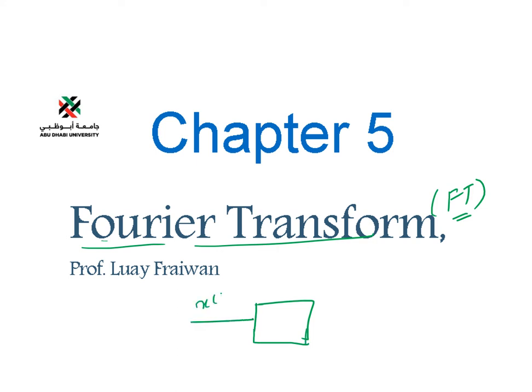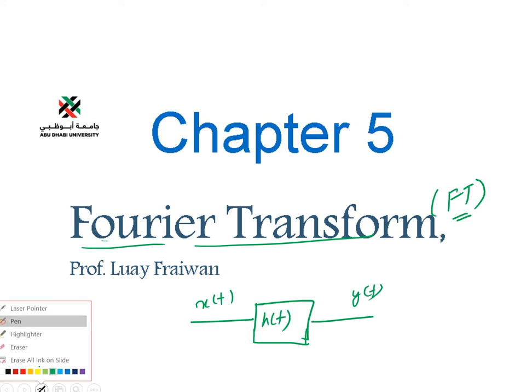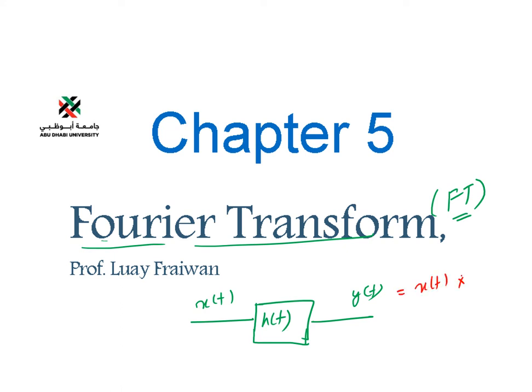Let's say this is my input signal of the LTI system, this is my output, and this is my impulse response. Last time we learned that in the time domain, the output is the input convolved with the impulse response.